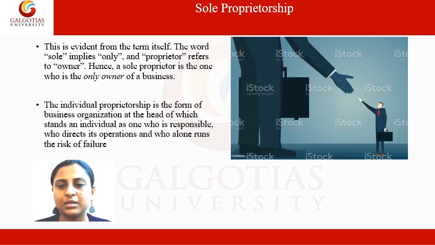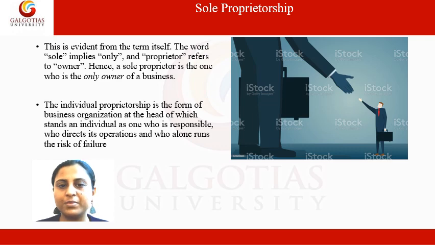The meaning of the term sole proprietorship is very evident from its name, because sole means only and proprietor means owner. Hence, a sole proprietor is the one who is the only owner of a business.